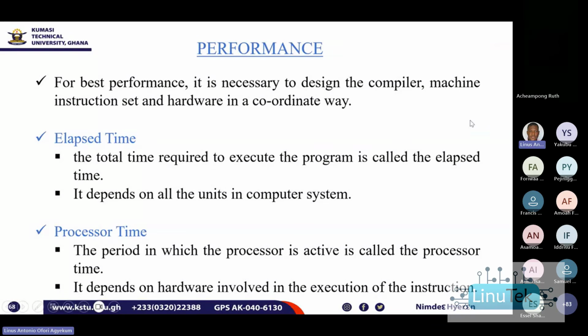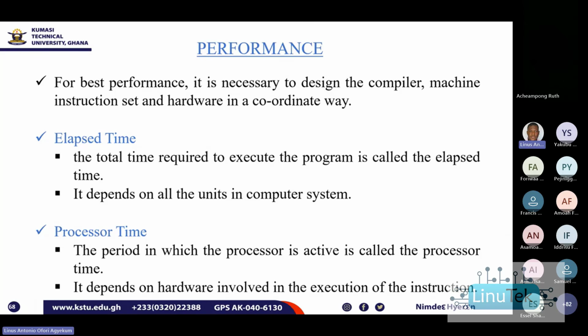But since there is no question, let's look at performance within computer systems, another concept. For best performance, it is necessary to design the compiler, the machine instruction set, and the hardware in a coordinated way. What this means is that systems would normally have compilers because we are using high-level language instructions.